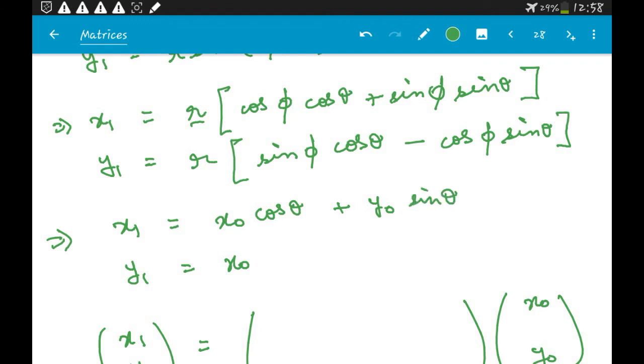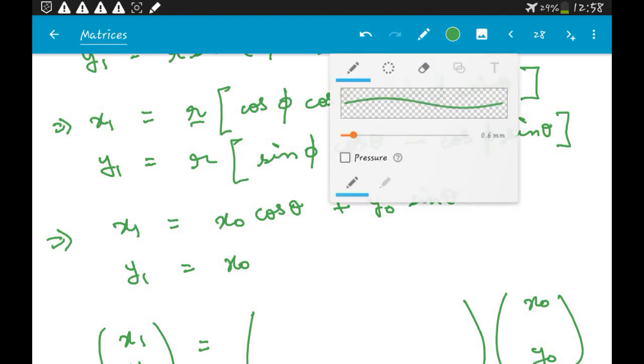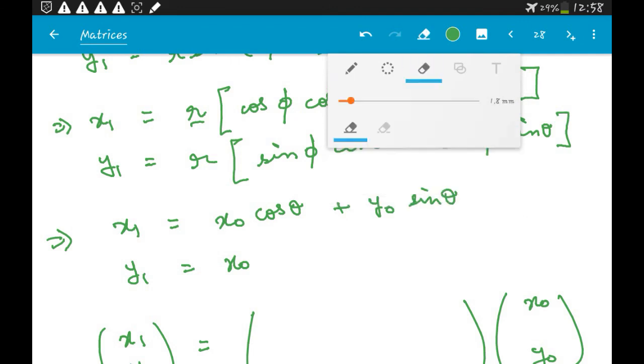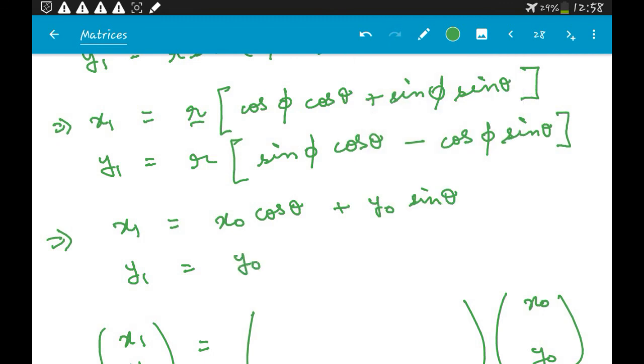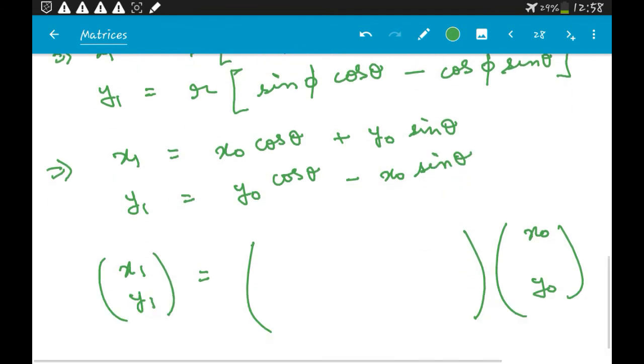Again here it is x0. R sine phi is y0, what's remaining is cos theta, and r cos phi is x0, so minus x0 sine theta. Now we have it properly.